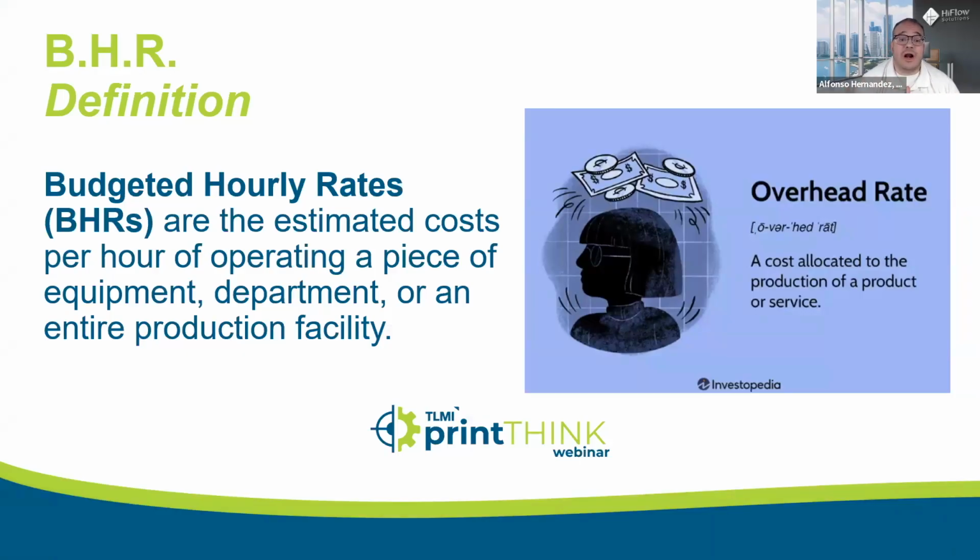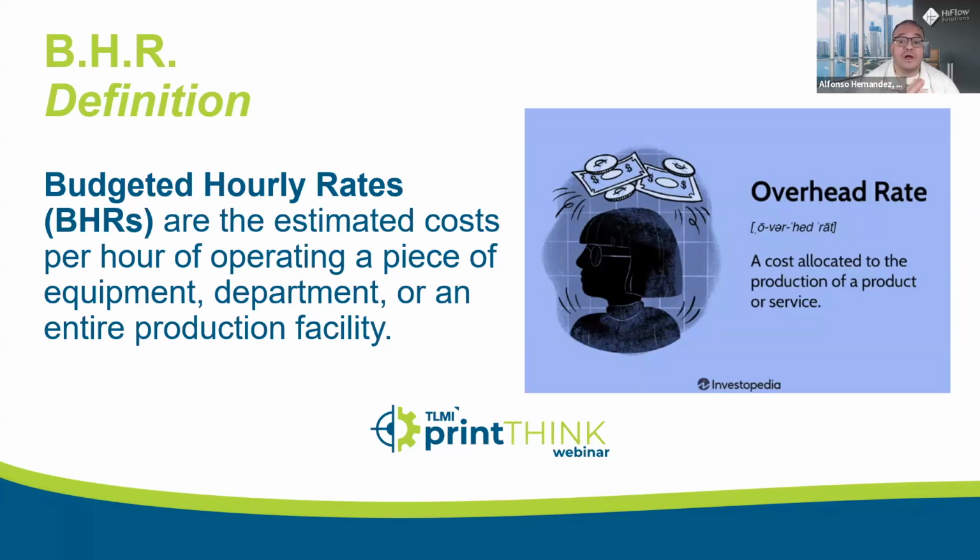Budgeted hourly rates are an estimated cost per hour of operating a piece of equipment, department, cost center, or an entire production facility. Investopedia calls that overhead rate, the cost of allocating to the production of a product or service. Modern MIS solutions take all those costs into account to do accurate job costing by factoring in machine, labor, material, and overhead costs.